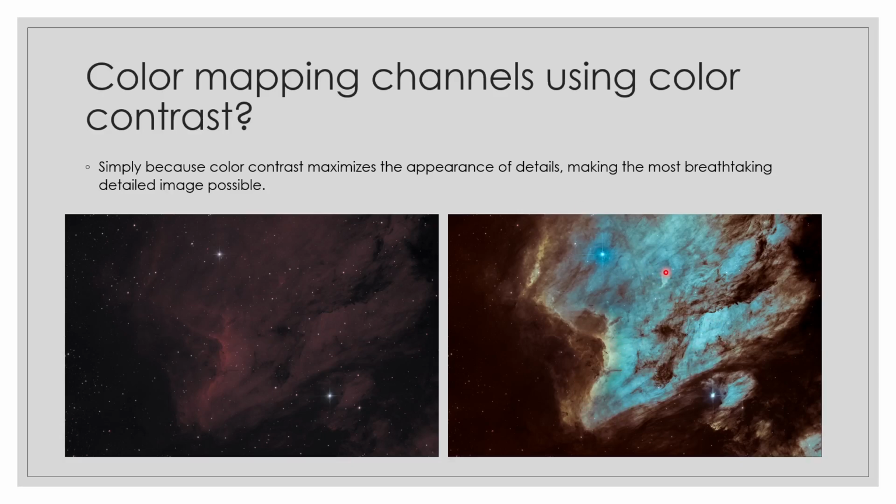I let the data speak for itself. I recombine the data in a way that all this detail is where it should be. I'm not painting in the detail or the color. This is truly from color combinations and color mapping, which I want to show you all in this multi-video series.